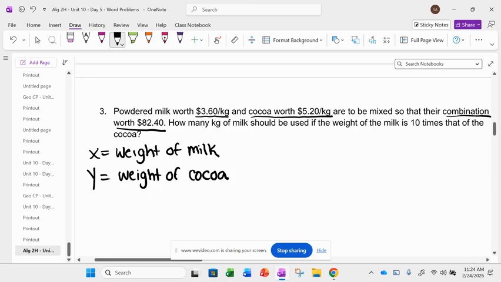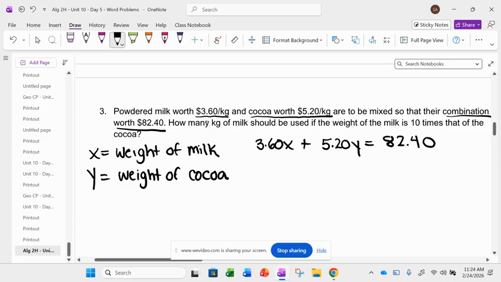No. So what we're going to do is 360x plus 520y equals 8240. Are we good with that first equation? So the amount of milk times $3.60 plus the amount of cocoa times $5.20 will total $82.40.